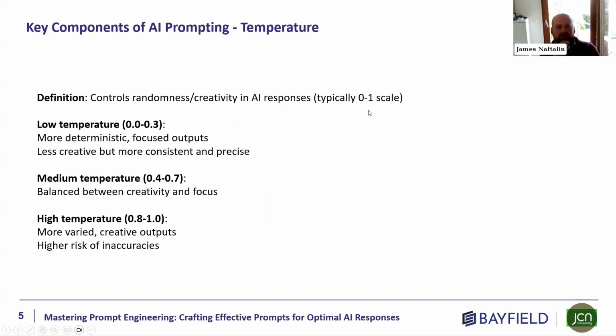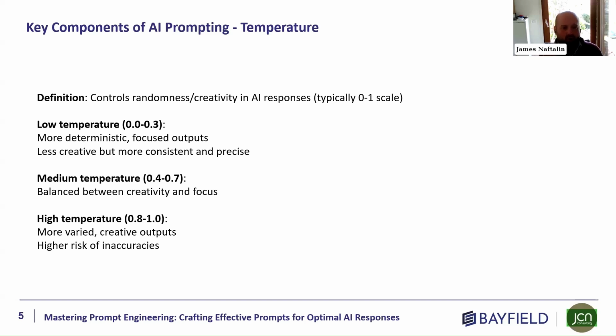Now, just to talk about temperature very quickly. You can often find this in the settings of the web-based models. It's a number between 0 and 1. The higher the temperature, the more randomness you're injecting into the large language model's response.